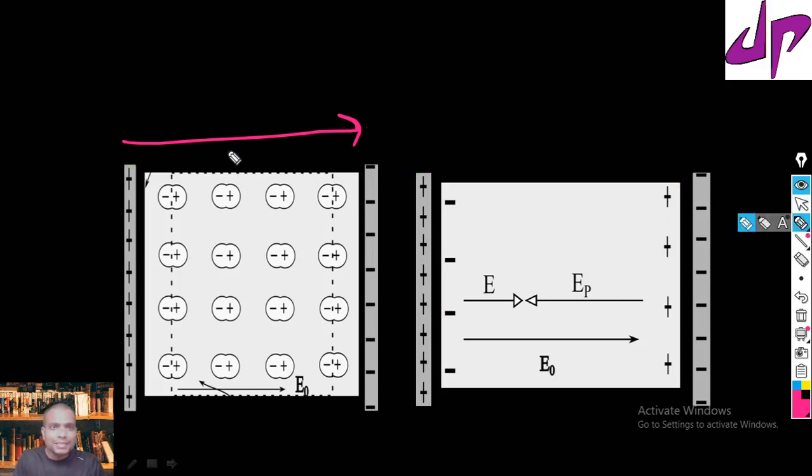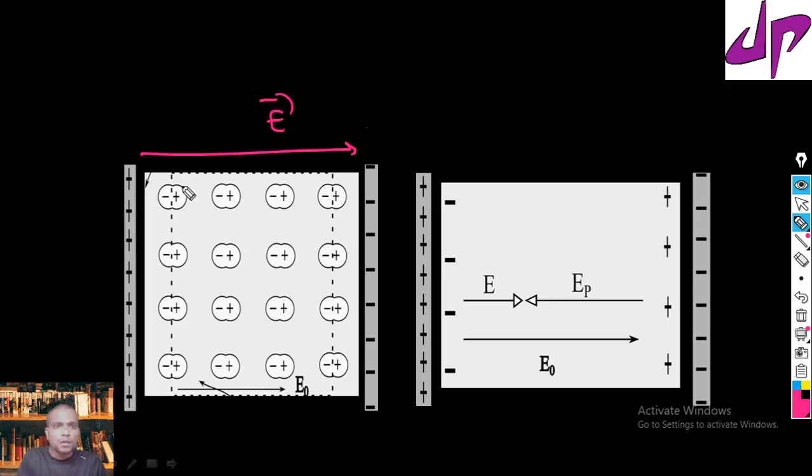Now we learned that because of the presence of the external electric field, this is the external electric field direction. The molecules, maybe before they were like that, now have changed shape, and that is the shape they got. And here you can see the dipole moment direction.